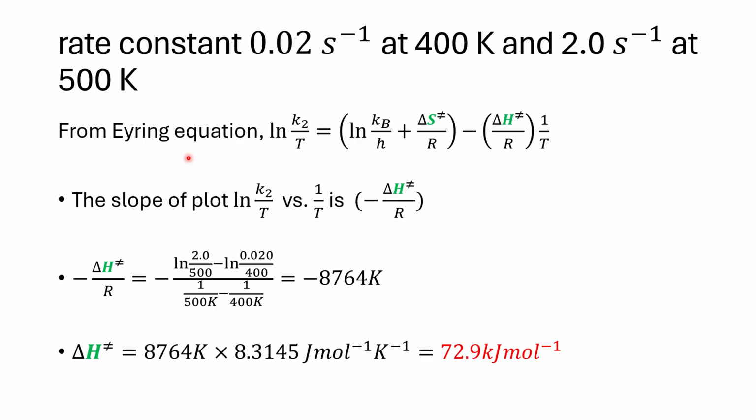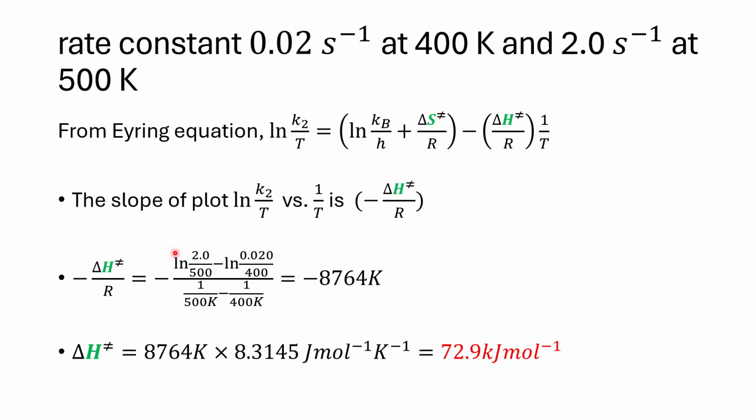We plot ln k over T versus 1 over T, and the slope of this plot is negative delta H over R.